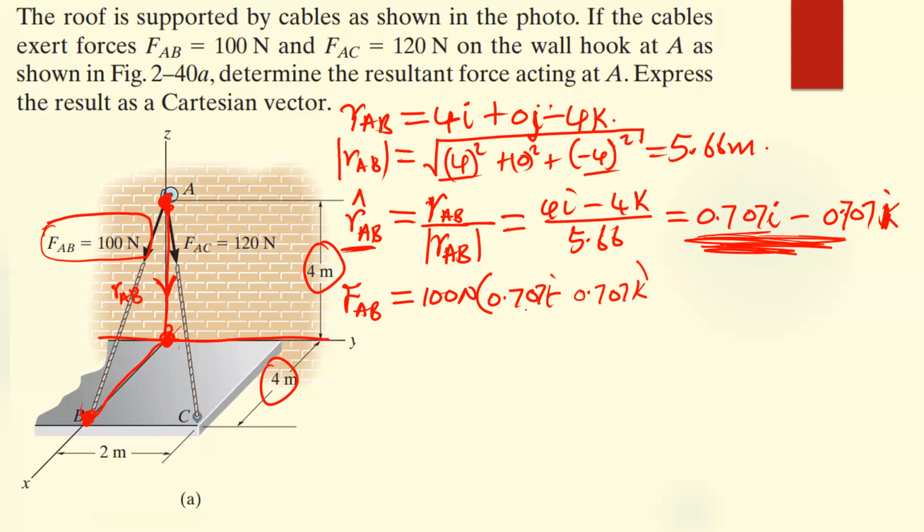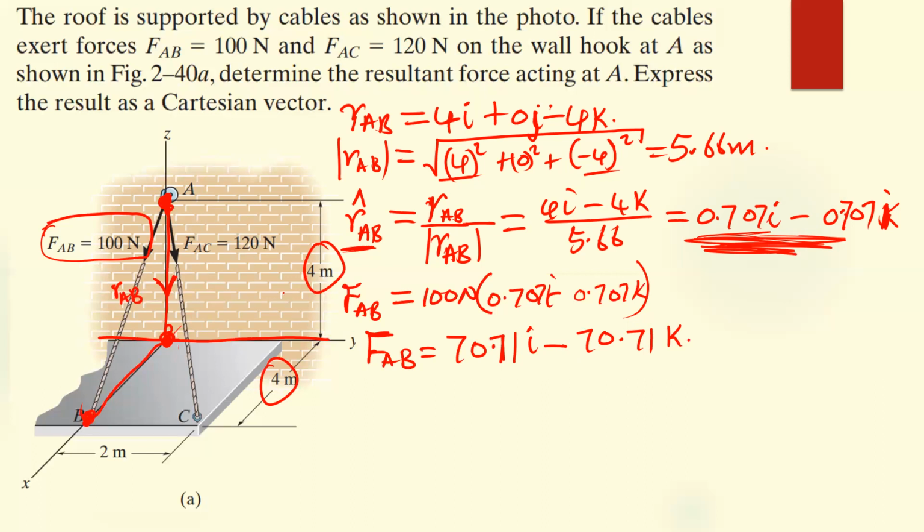When you do the multiplication, you get 70.71 i, then minus another 70.71 k. So this is what you have as the force directed along this cable.